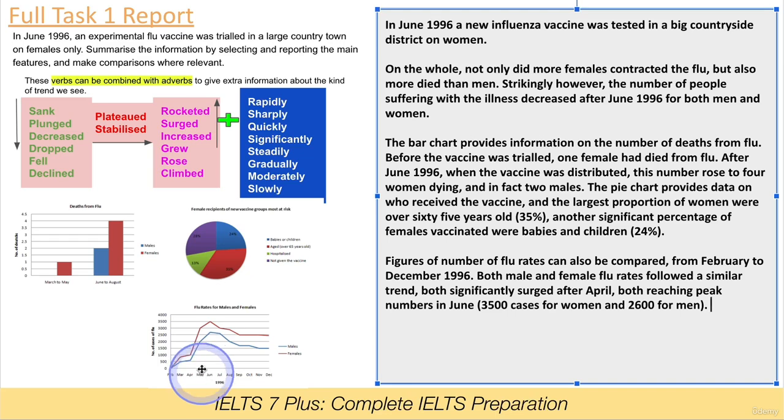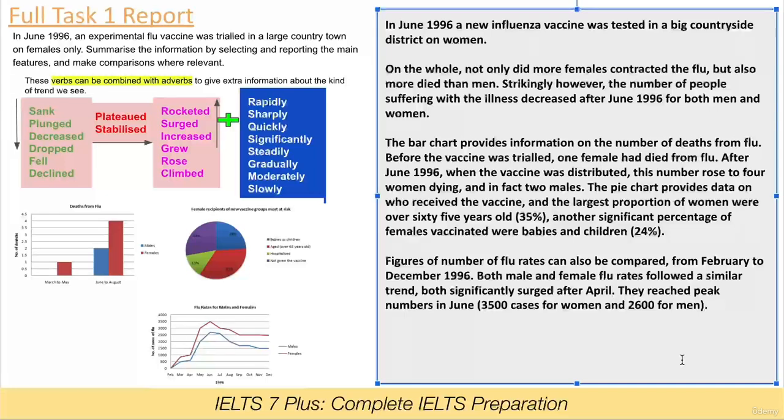Okay, let's have a look. We could, in fact, actually, both surged after April. Oh, we've repeated ourselves here. Let's do a full stop and add some information, I think. They reached peak numbers. Brilliant. So now we can talk about both male and female flu rates followed a similar trend.